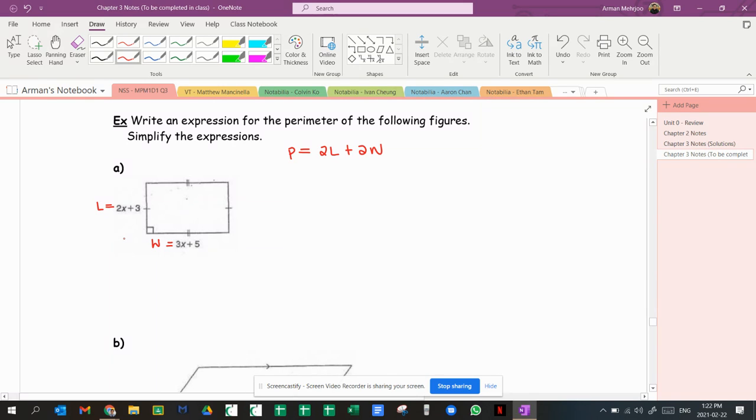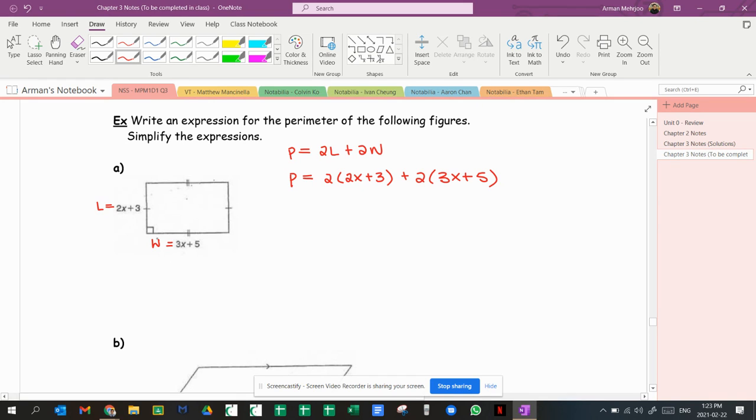So what I can actually do is, in my perimeter equation, I can take my length and I can substitute it in. And I can take my width, which is 3x plus 5, and instead of putting w, I can substitute in 3x plus 5 in the place of w, just like that.